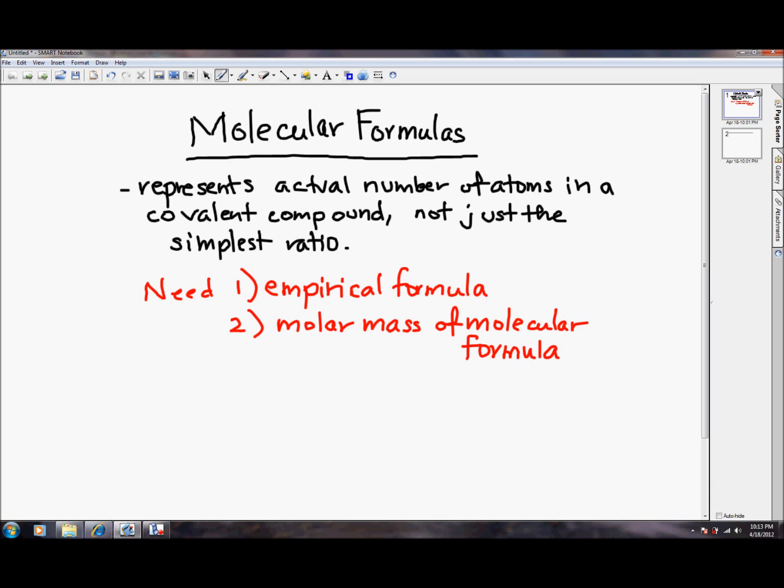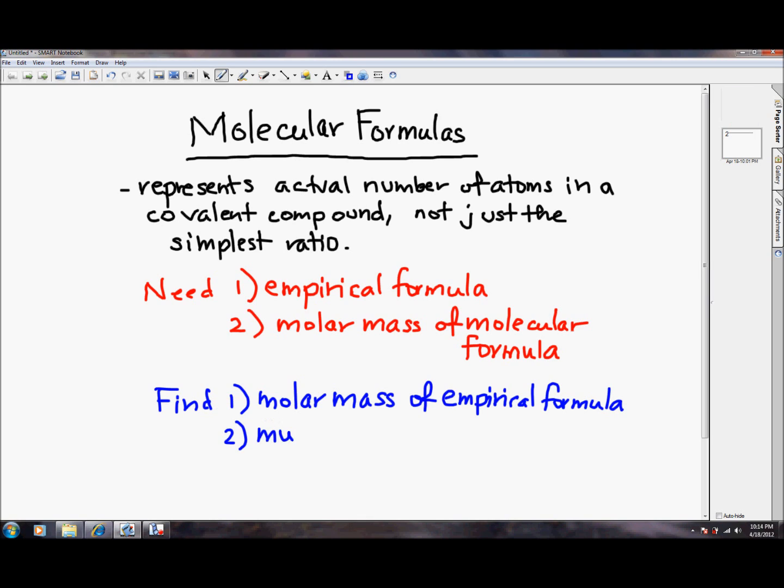What are we going to do with these? First of all, we're going to find the molar mass of the empirical formula. This is what we're going to have to do. And secondly, we're going to have to find the multiplier. You say, well, what's the multiplier and how do we find it?